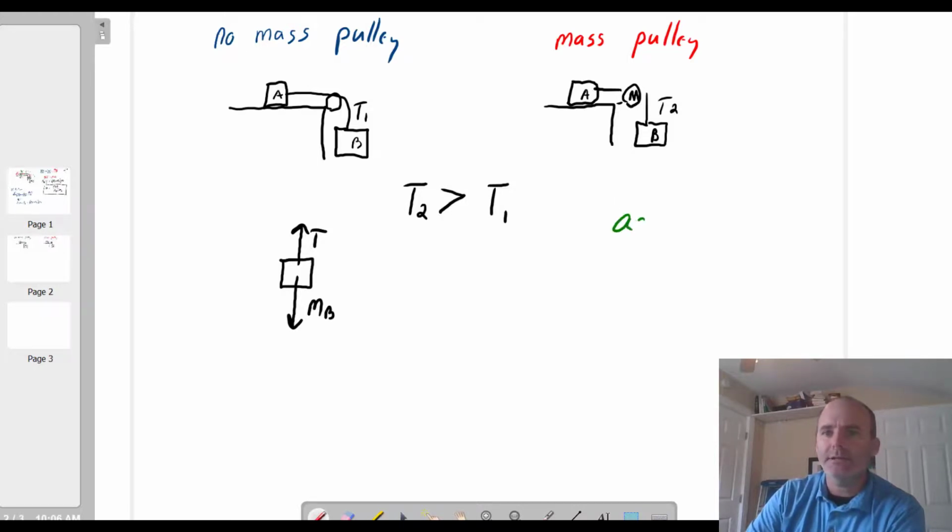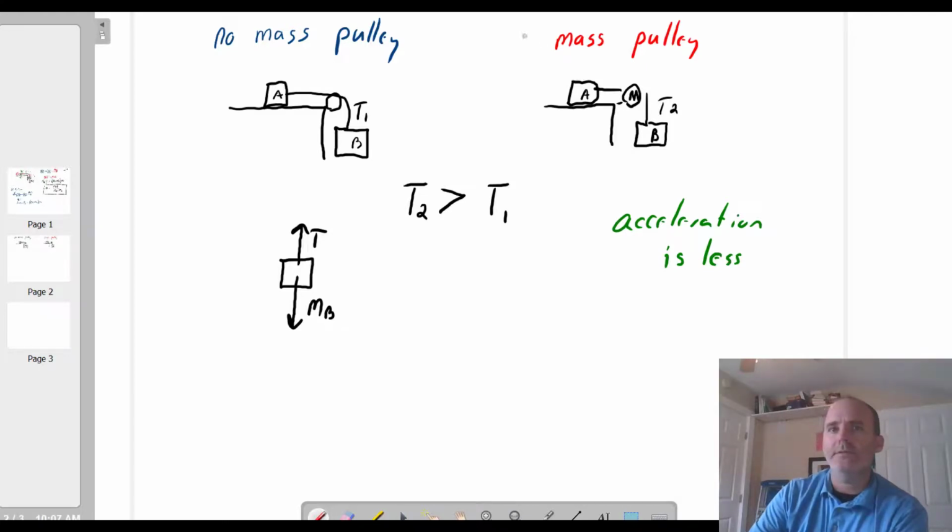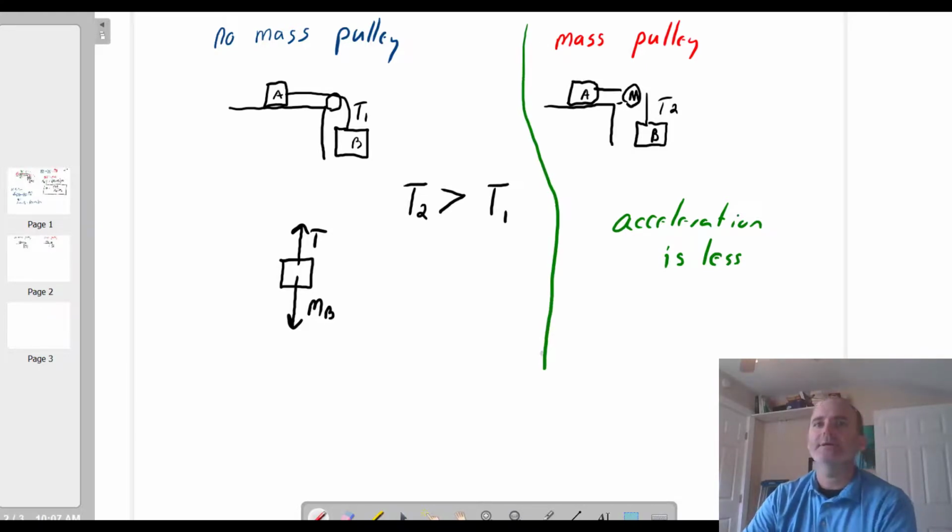So acceleration is less than for a massless pulley. It's not going to accelerate as fast down.